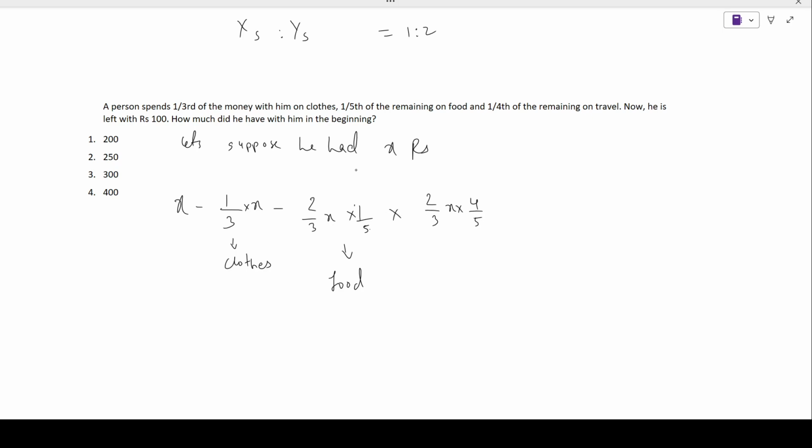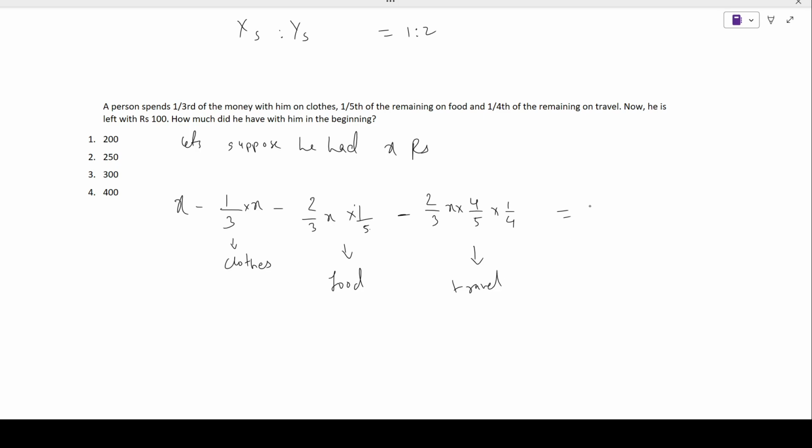Here we have the minus sign. Just a second. Minus of this remaining part he spends 1/4 on travel.